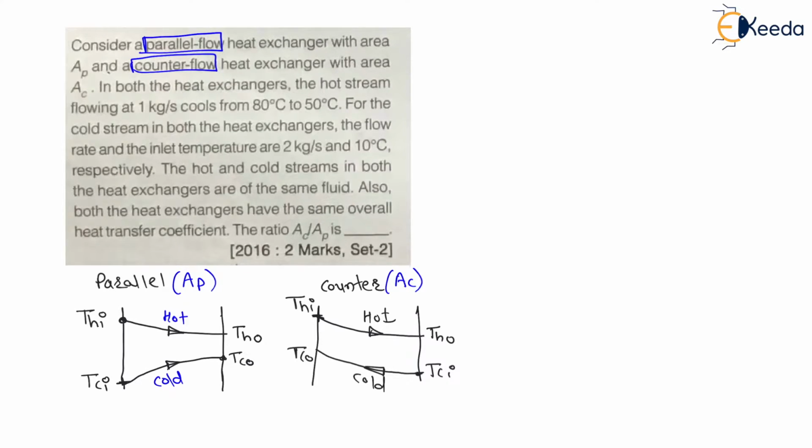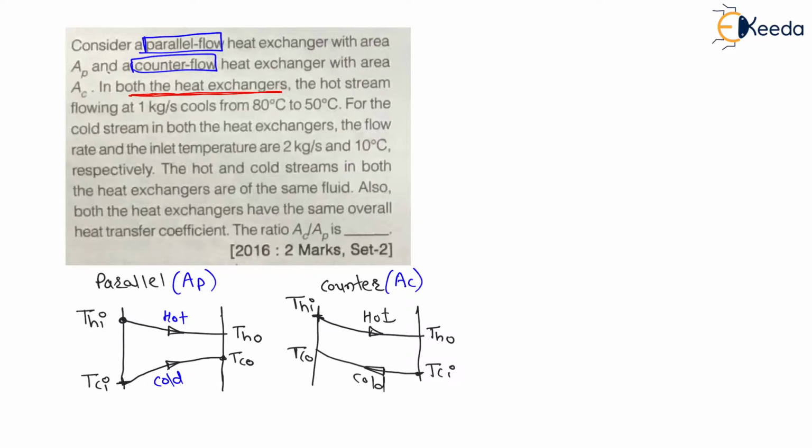Right. So go back to the question. In both the heat exchangers, the hot stream flowing at 1 kg per second cools from 80 degrees Celsius to 50 degrees Celsius. Now here, my dear students, in both heat exchangers, the hot stream mass flow rate is the same.